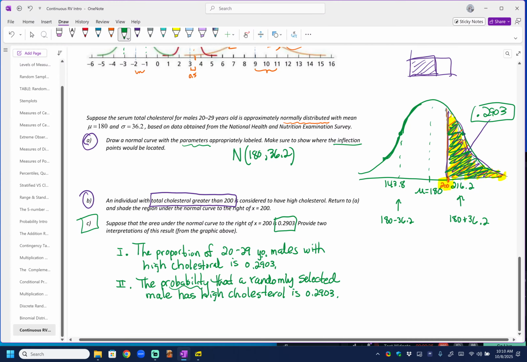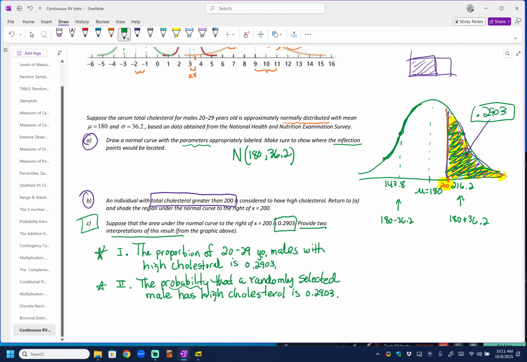So there are two ways to interpret that area, which is exactly what this problem is asking us about. It could mean that the proportion of 20 to 29-year-old males with high cholesterol is 0.2903. It's a very straightforward interpretation. It could also mean that the probability that a randomly selected male from that population has high cholesterol is 0.2903.